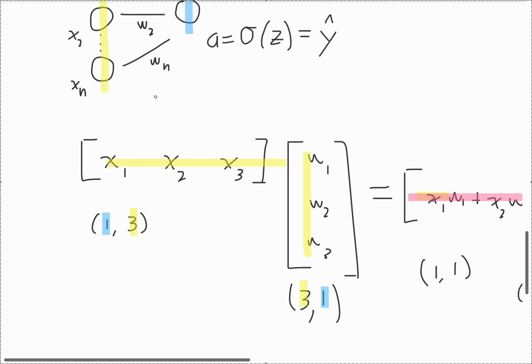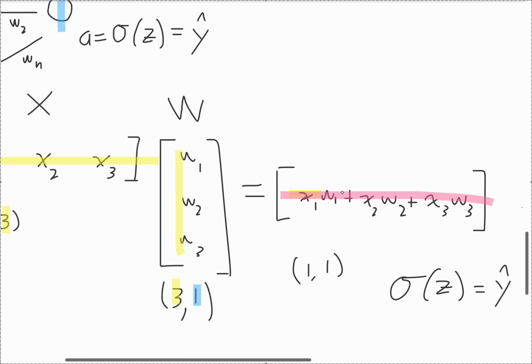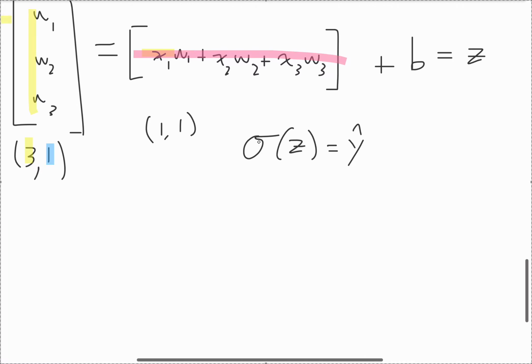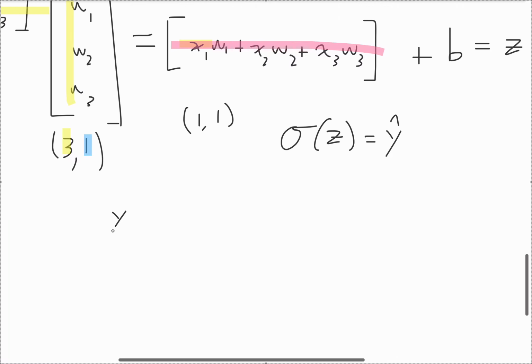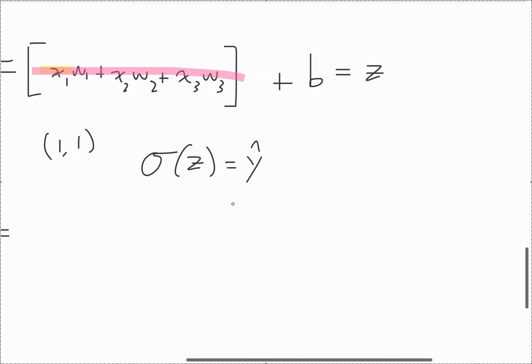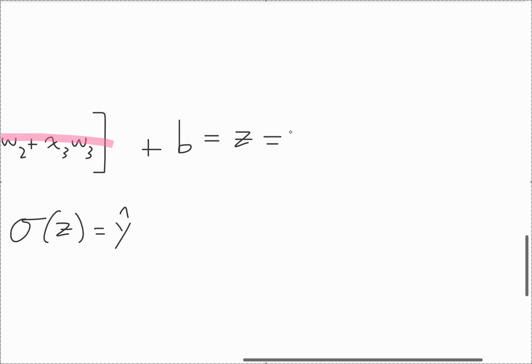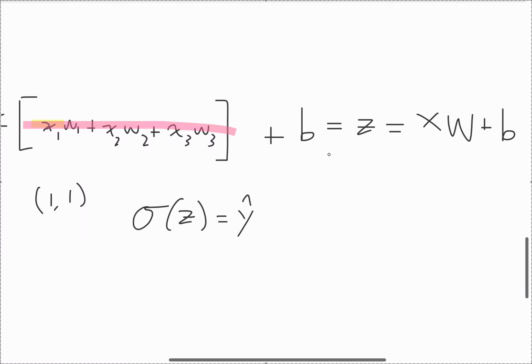So that's how we do it with matrix multiplication. I'm going to call this one capital X, because we use capital letters to denote matrices most of the time. So capital X for the input matrix, capital W for the weight matrix. We can streamline all of this: z is equal to x times w plus b, and then we pass that through a sigmoid function.